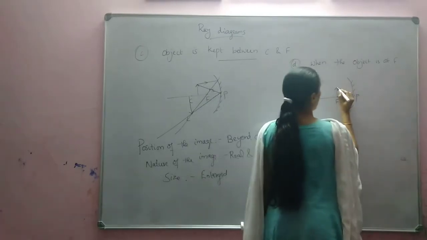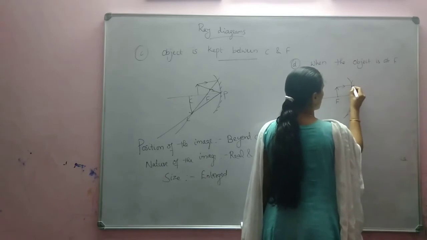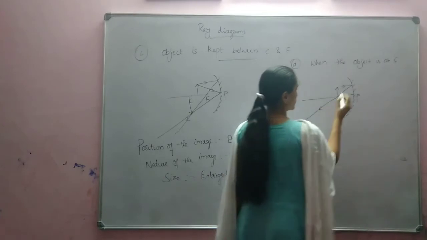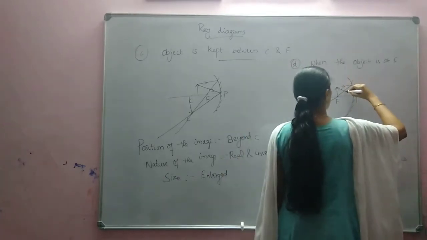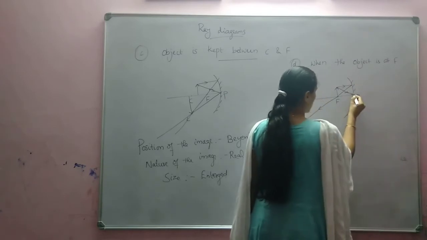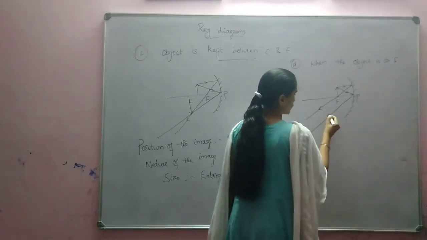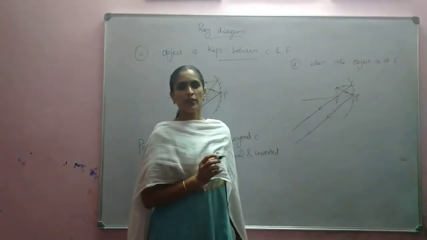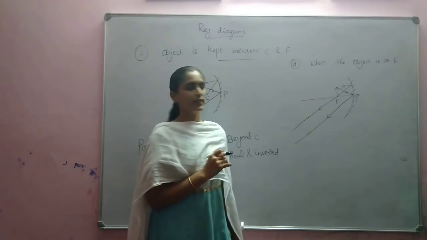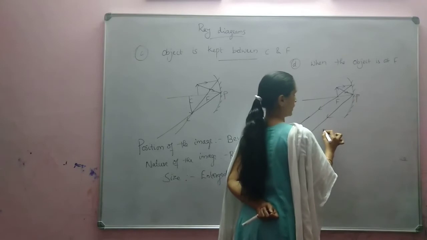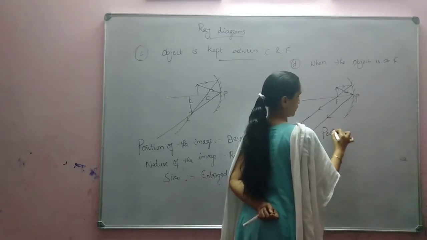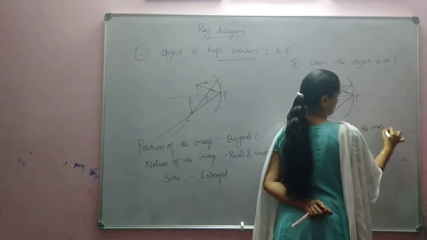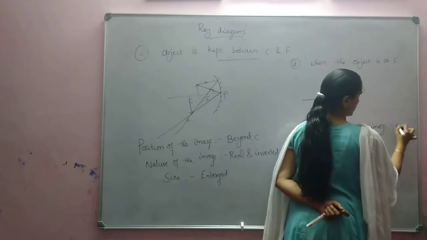A ray parallel to the principal axis, after reflection, passes through the focus, and a ray makes some angle with the principal axis, the reflected ray also will make the same angle. So we can see that these two rays are parallel. So they will not meet at all. So we are assuming that these rays will meet at infinity. So we can say that the position of the image is at infinity.